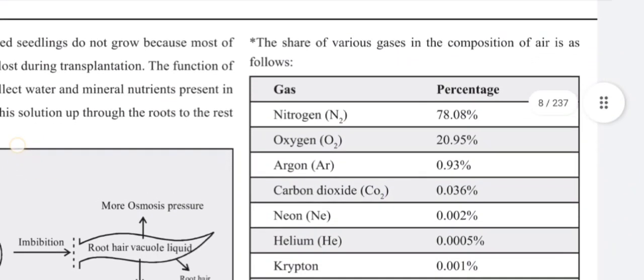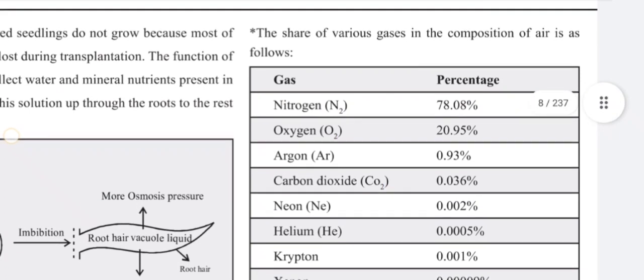The share of various gases in the composition of air is as follows.